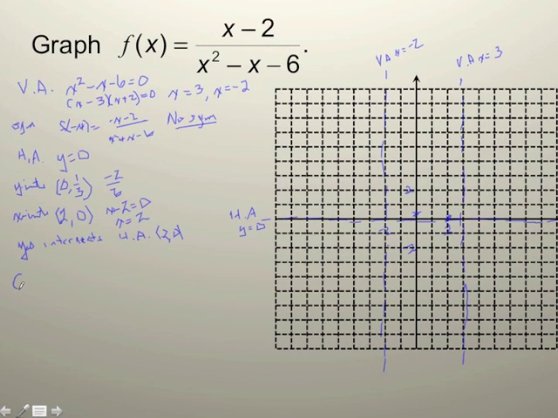So we need a point between negative infinity and negative 2. Now, continuing along, from negative 2 the next thing we run into is this point at positive 2. So we need to find a point between negative 2 and positive 2.